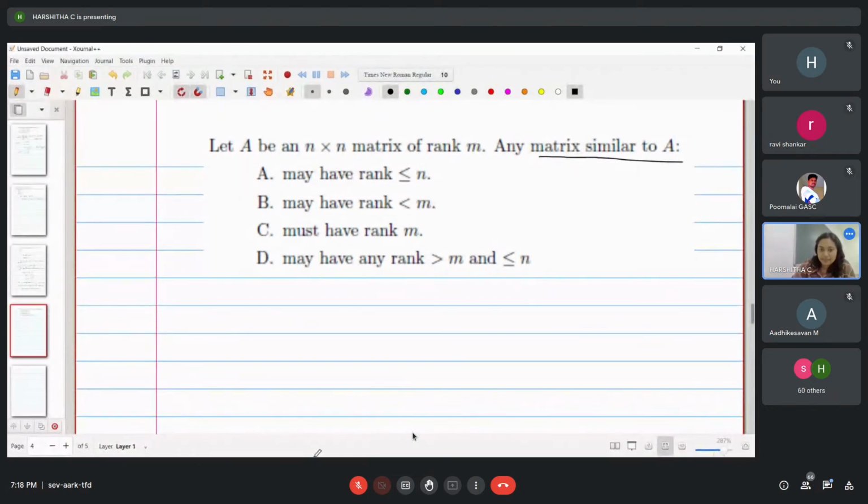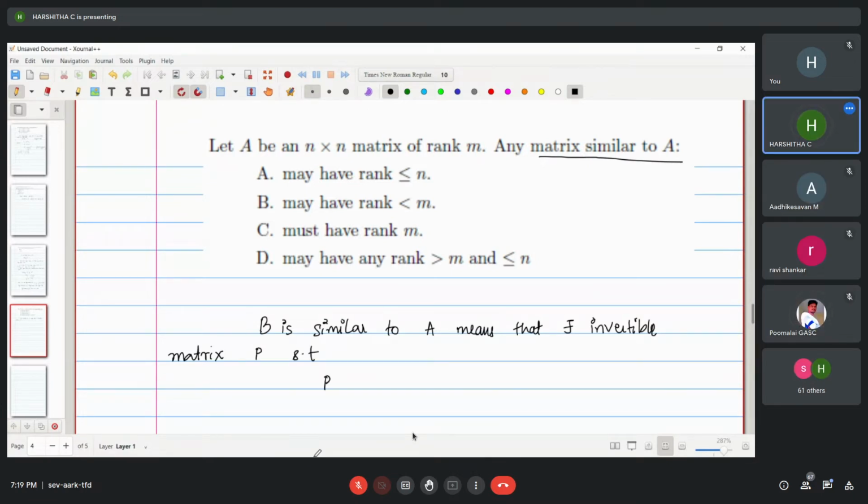Characteristic polynomials are the same, but just because two matrices have the same characteristic polynomial doesn't mean they're similar. Yes, C A C inverse is right. So let's say B is similar to A, which means that there exists an invertible matrix, let's call it P, such that B is P A P inverse, right?